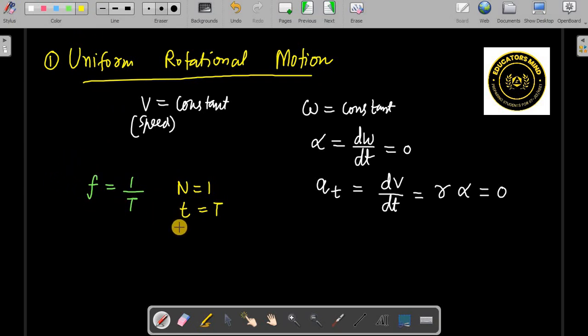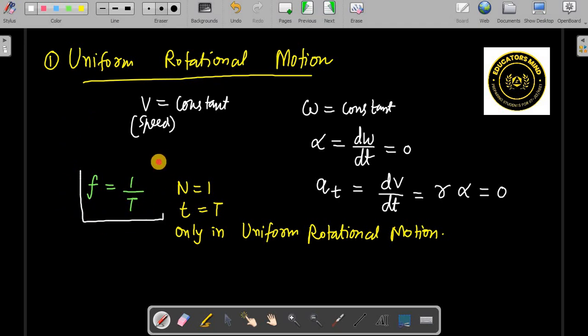Okay, and this should be defined only in uniform circular motion or uniform rotational motion. Frequency can be defined in any type of motion, but time period is defined only in uniform circular motion. Why? Because it is taking equal time, right?